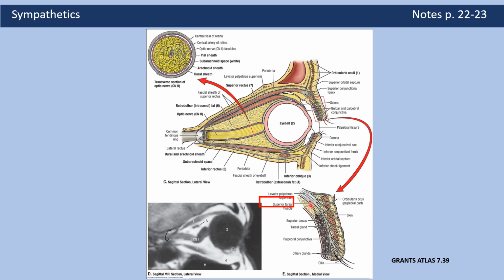And there's this small smooth muscle, the superior tarsal muscle, that connects to the tarsal plate here. And so if the sympathetics are not engaged, then that causes a relaxation of the superior tarsal muscle and the eyelid to then droop. And so that's where that comes from. So that ptosis, characteristic of Horner syndrome, is due to the sympathetic innervation of the superior tarsal muscle.